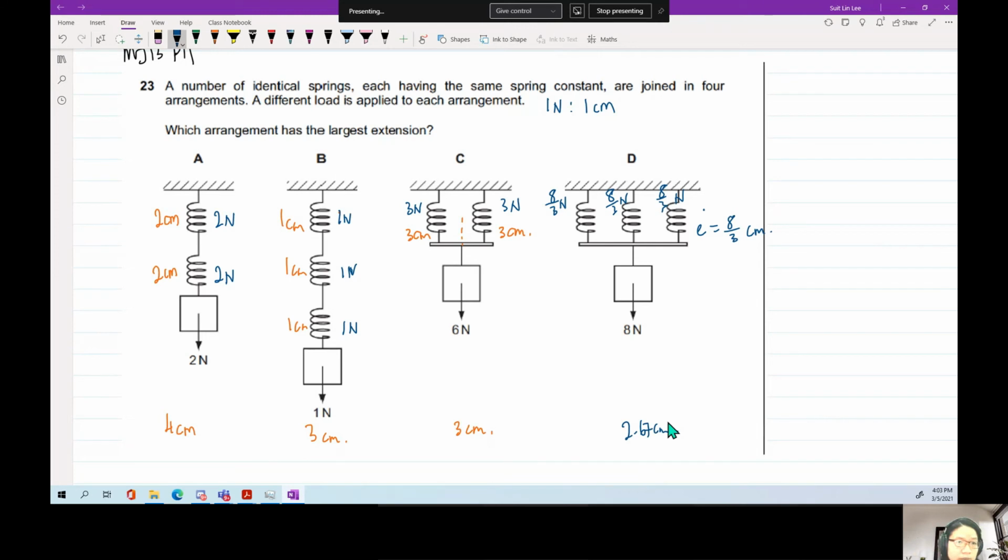So you can see the largest extension is this one and the least extension is D. So if you think about how the spring arrangement will affect how the load is being shared, this kind of question is pretty easy.